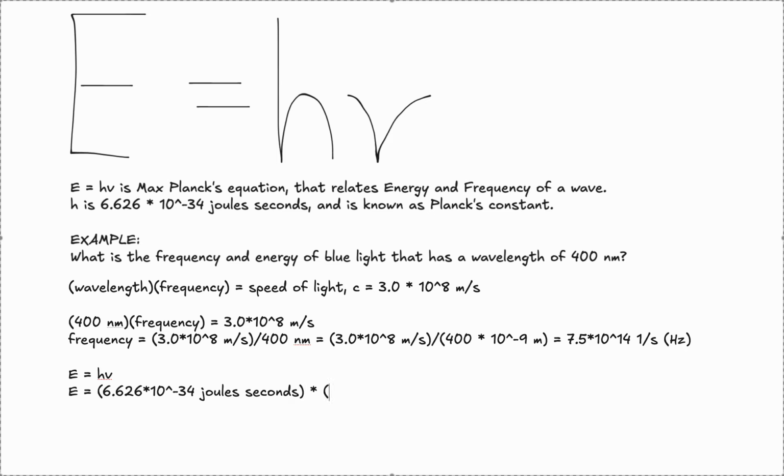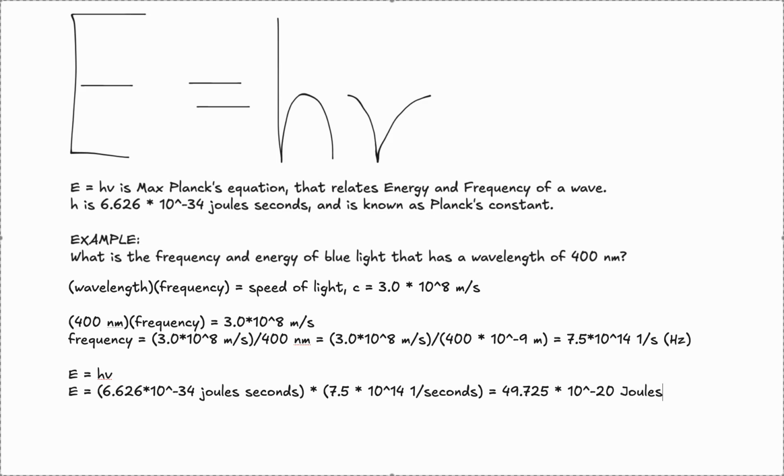We multiply it by the number that we just calculated, which is our frequency, 7.5 times 10 to the power of 14, 1 over seconds. As we can see, seconds and seconds cancel over here, which leaves us with a number that, if you calculate, is 49.725 times 10 to the power of negative 20 joules.